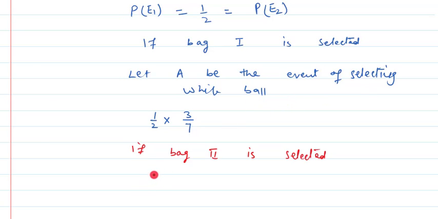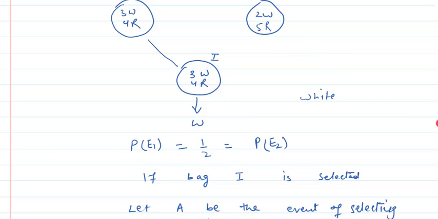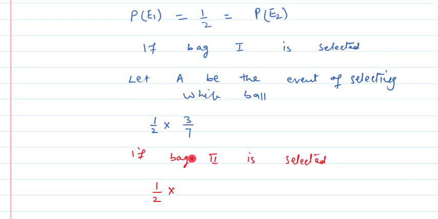Then this probability can be written as 1/2 into the probability of a white ball from the second bag, which is 2/7. So 1/2 into 2/7. But the two cases happen in the same experiment.